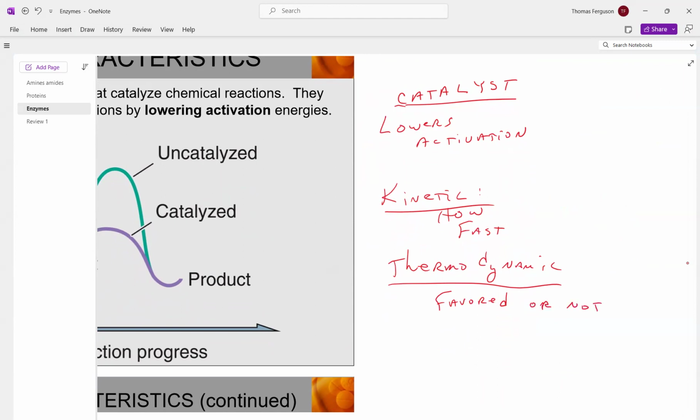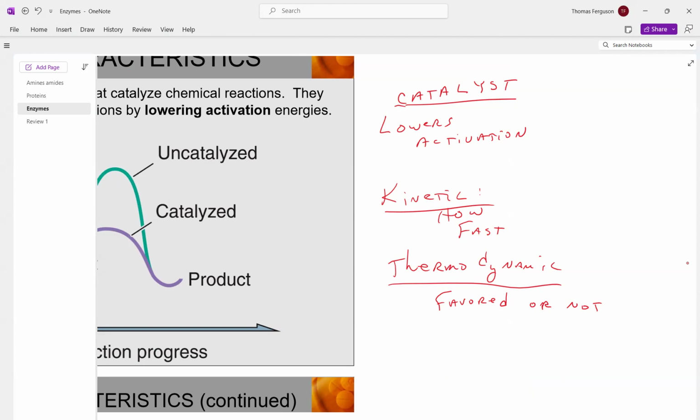Now, I keep giving this example of the diamond and the charcoal. Thermodynamically, charcoal is favored, not the diamond. Kinetically, it's a horrendously slow reaction. So it's kinetically not favored, thermodynamically favored. And those are two factors in every single reaction.